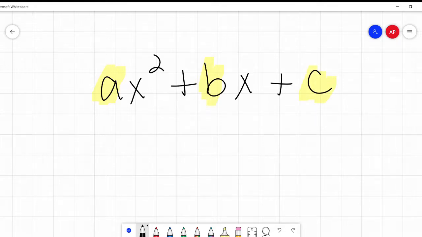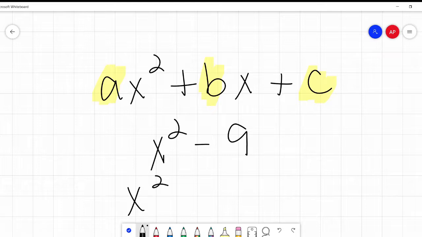That is, they are numbers. They are not variables, they are numbers. They sit there, they're numbers. So all of these, even the one that was like x squared minus 9, you could write it as x squared plus 0x minus 9.